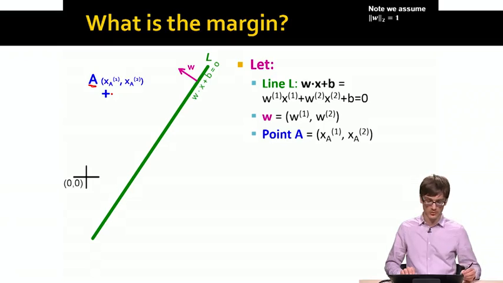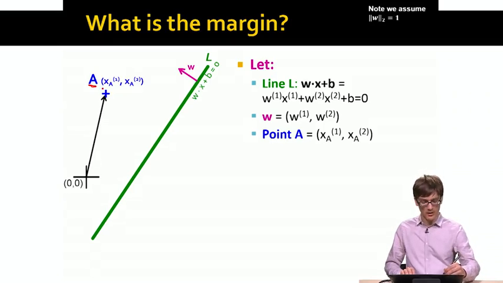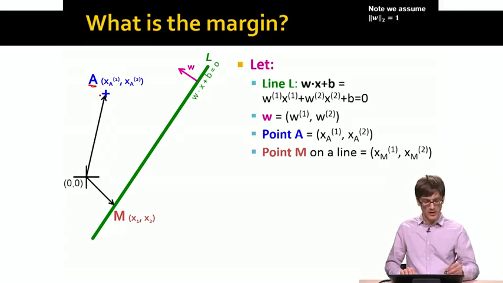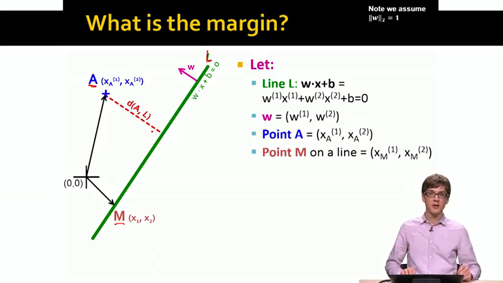So how do we compute that? Let's first think of the location of A simply as a vector pointing from the coordinate origin up to the point A. Let's also define another point M that is somewhere on the line. It doesn't matter, it's an arbitrary point on this line L. Now the question is, what is the distance between the line and the point A?